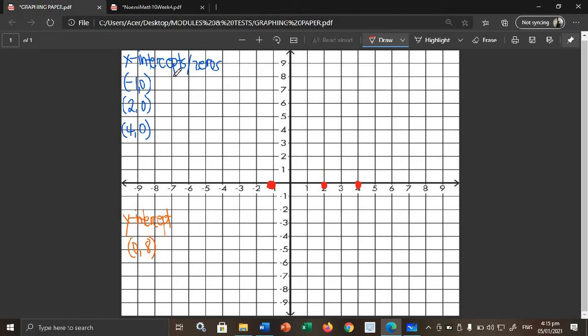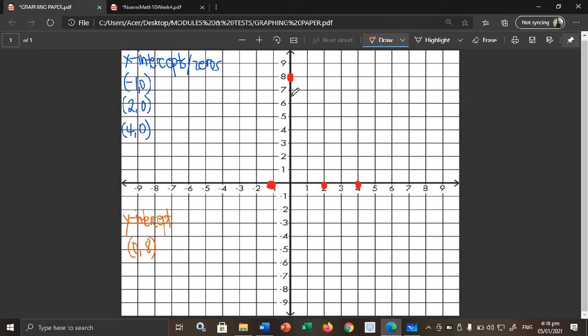Plot ng X-intercept or ng zeros ng polynomial function natin. And then, yung Y-intercept natin, yung graph niya is along the Y-axis. Okay, so 0, 8 should be here. Now, tapos na ba tayo? No, not yet. We will be looking for the value of the second turning point.